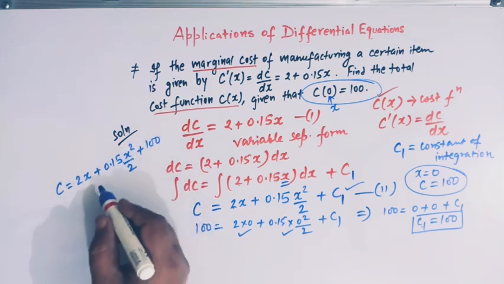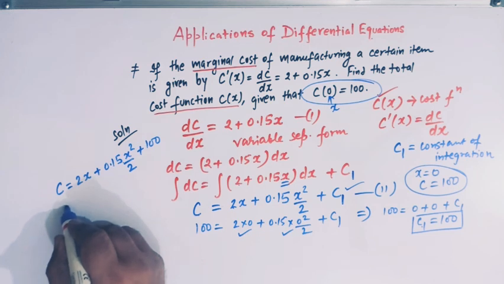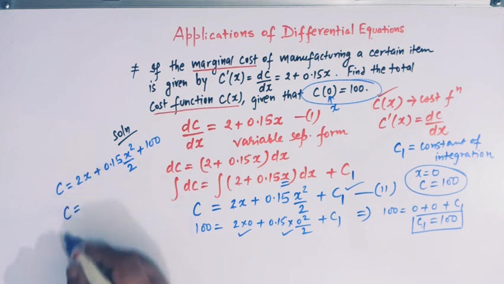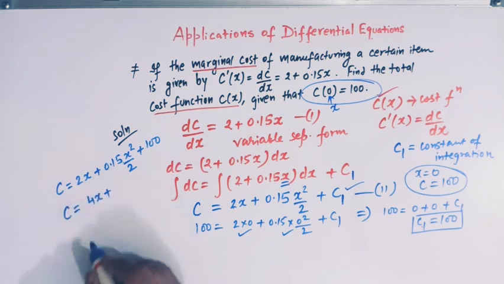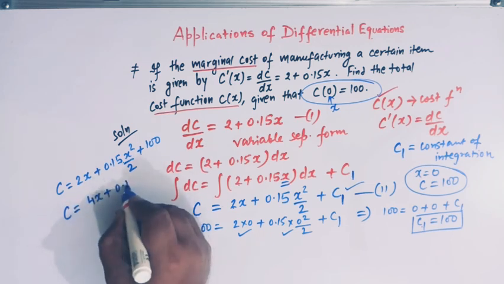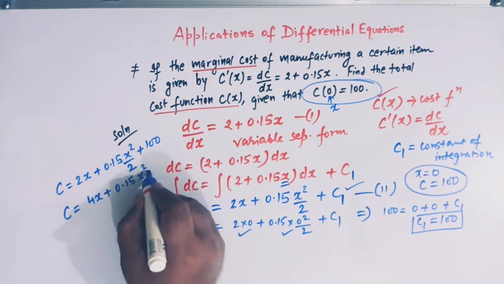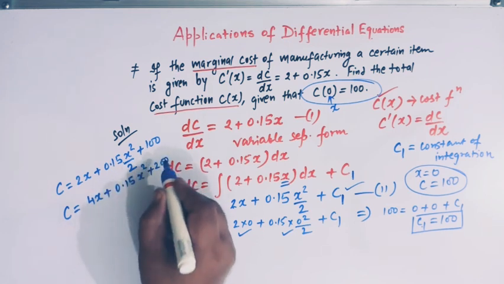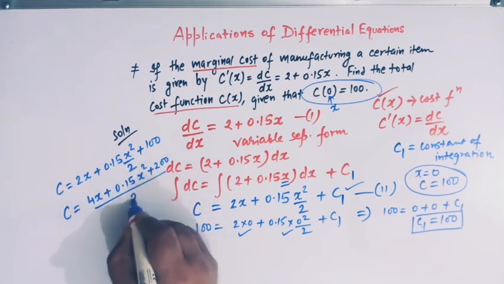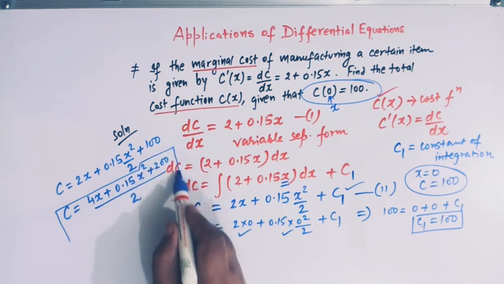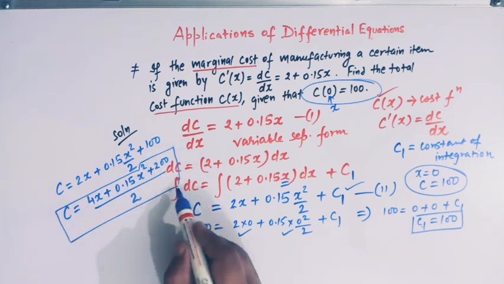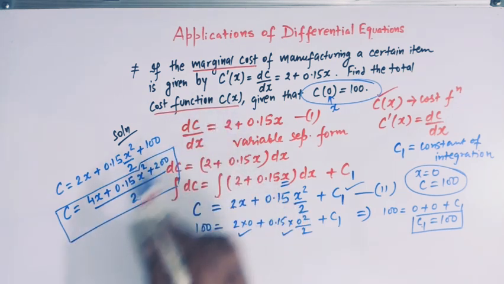Or in other words, we can write it as c is equal to say 4x plus 0.15 x square plus 200 divided by 2, right? So this is the required cost function c of x.